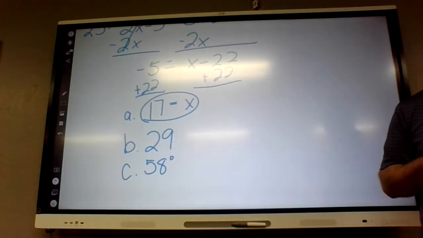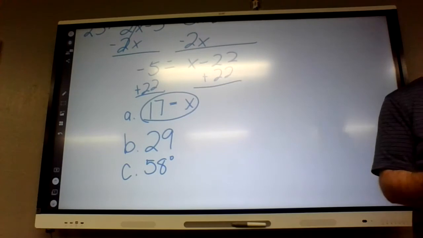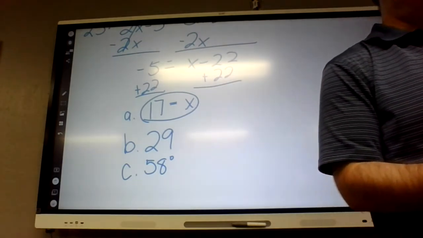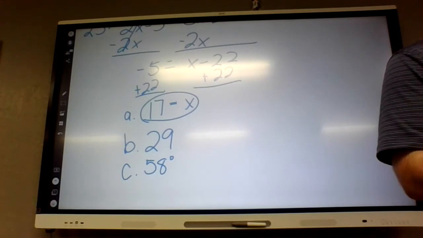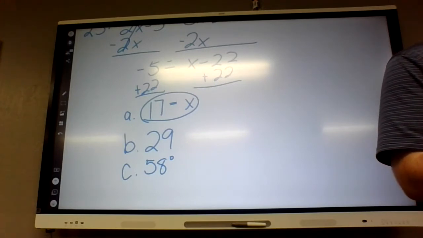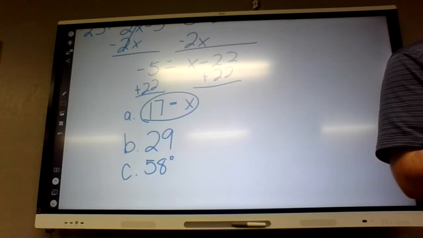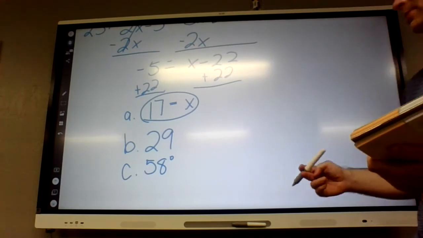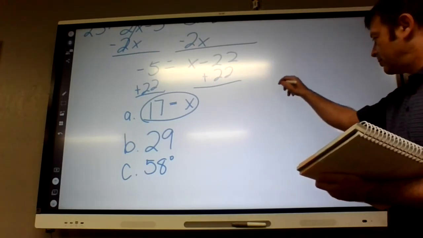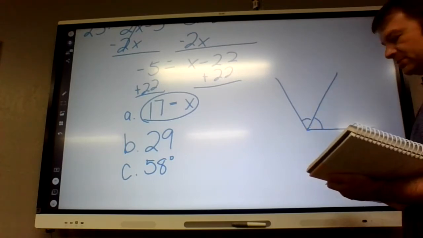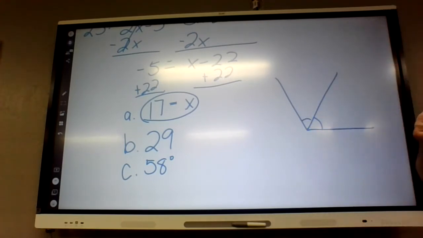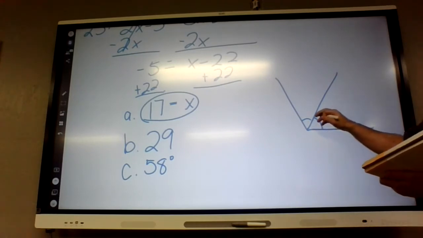On 26, you guys see those little red arcs? It looks like one arc the way they drew it, but it's supposed to be two little arcs. What they're telling us is that those two angles are equal. When they have the same number of arcs, they're the same, they're congruent.